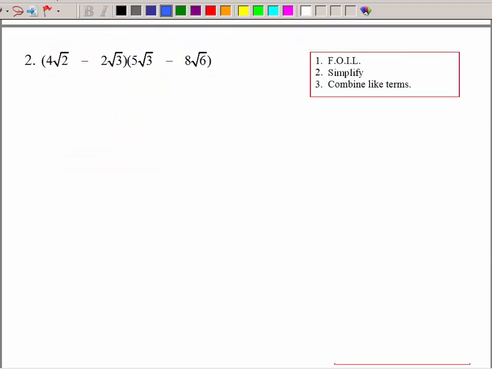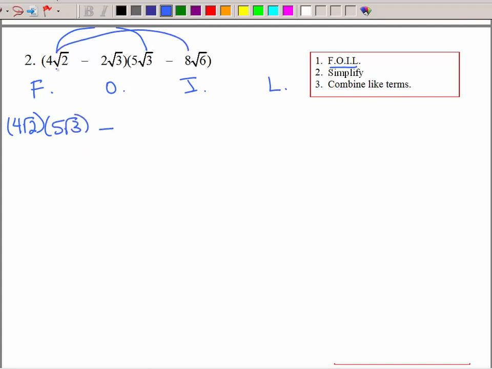Now, of course, we're going to do FOIL: first, outer, inner, last. We're going to simplify and we're going to combine like terms. So first, outer, inner, last. So those two, if you want to write it out, that's 4 square root of 2 multiplied by 5 square root of 3.